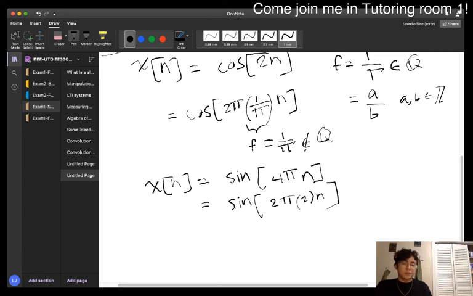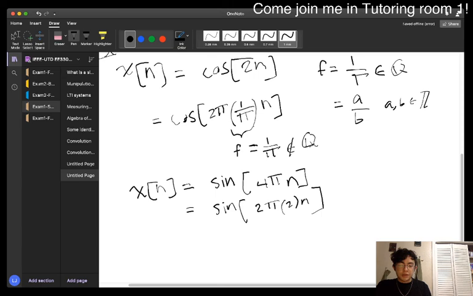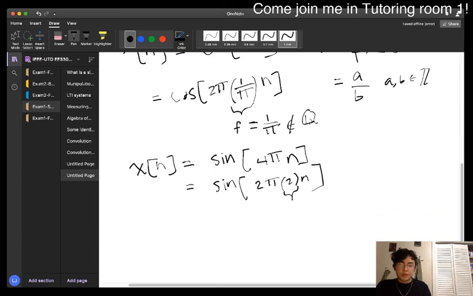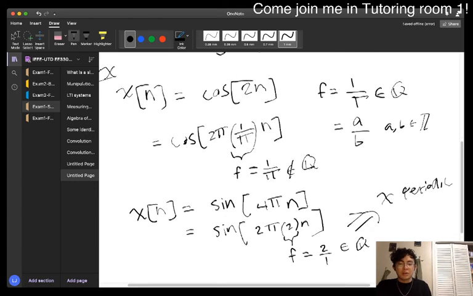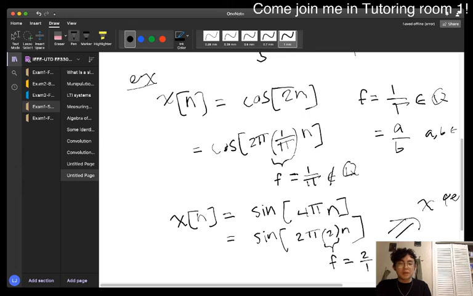This gives us our frequency, and notice that this is 2, which is a rational number. We can write it as 2 over 1, so it is rational. Therefore, x is periodic. In the last one, which looked very similar, it just didn't have this pi in there. That one is not periodic.